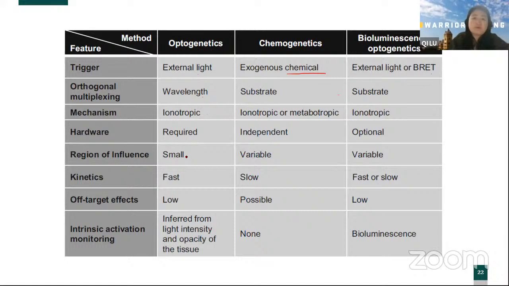The region of operation for optogenetics is small, and chemogenetics can cover several locations, brain-wide and several places, so it's variable.